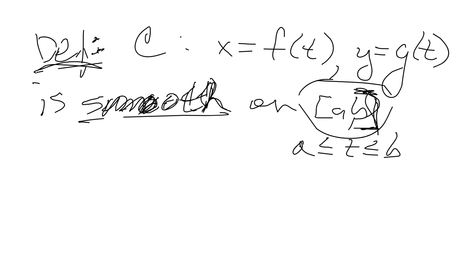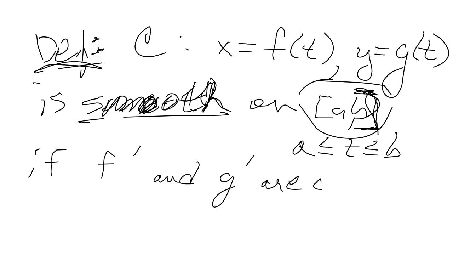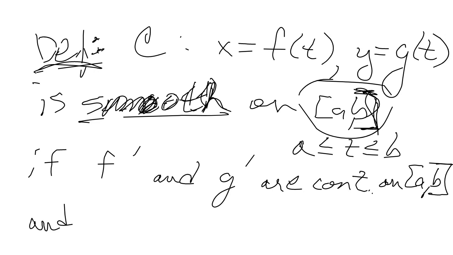But anyway, smooth if f prime and g prime are continuous. So the derivatives of f and g, f prime and g prime, are continuous on the closed interval a to b. So if the derivatives are continuous on that closed interval and we don't have both of them equaling 0 at every point in the open interval.